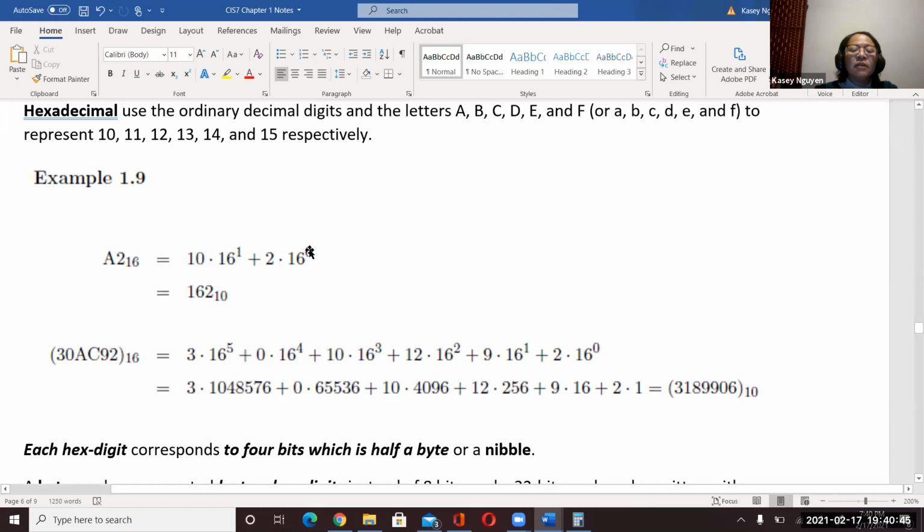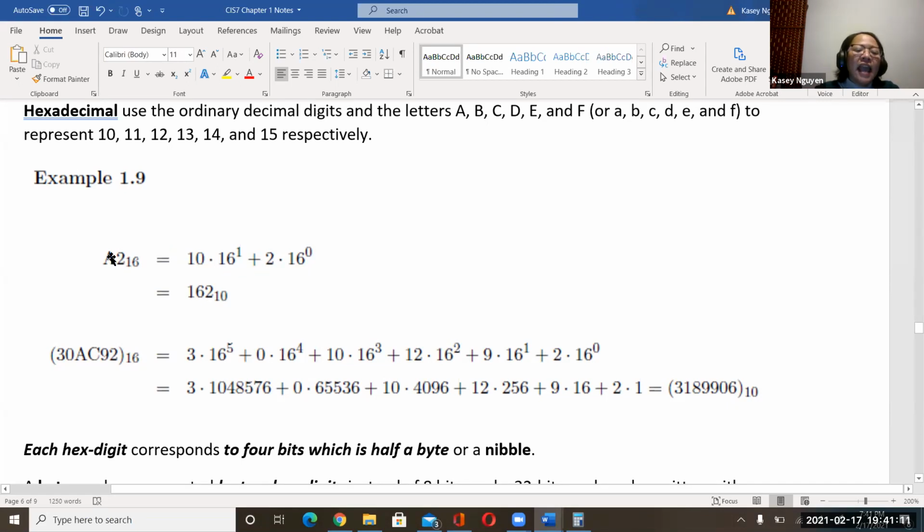You take the least significant digit, which is the 2 on the far right, and multiply it by 16 to the power of 0. Anything to the power of 0 is 1, so 2 times 1 gives you 2. Then you add it. This is the multiplication method.